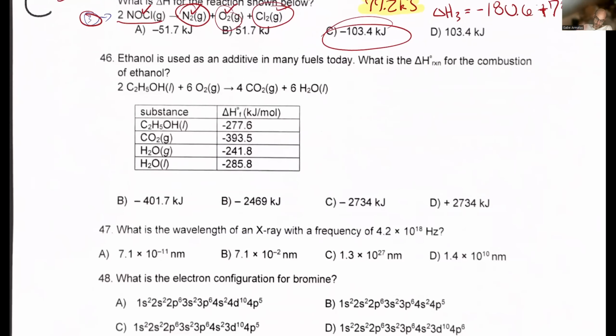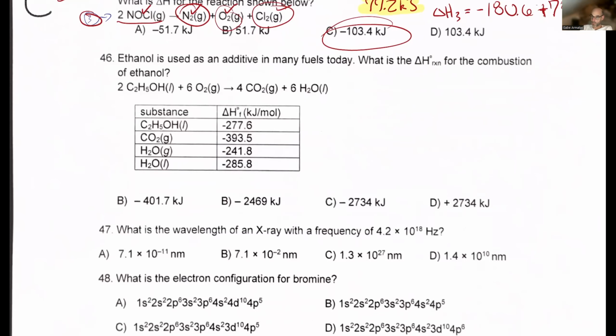Moving on. Ethanol is used as an additive. Okay, we don't care. What is the delta H for the combustion of ethanol? So products minus reactants. The energy involved here is typically going to be a summation.